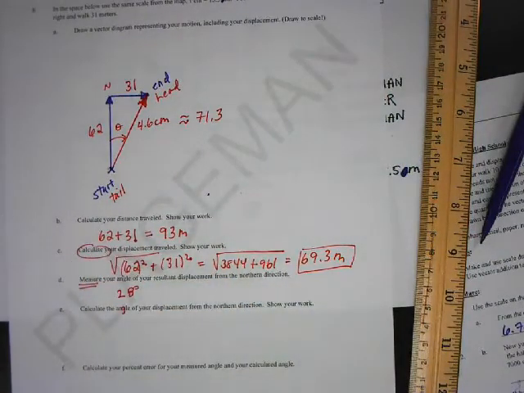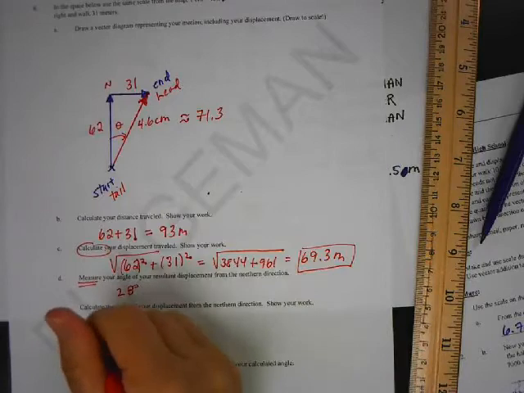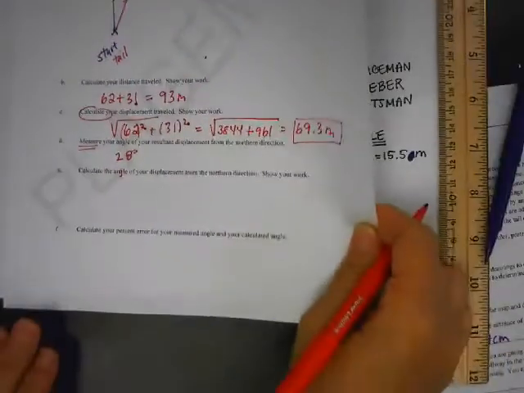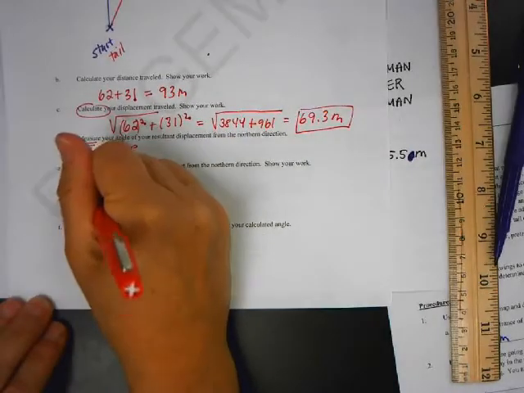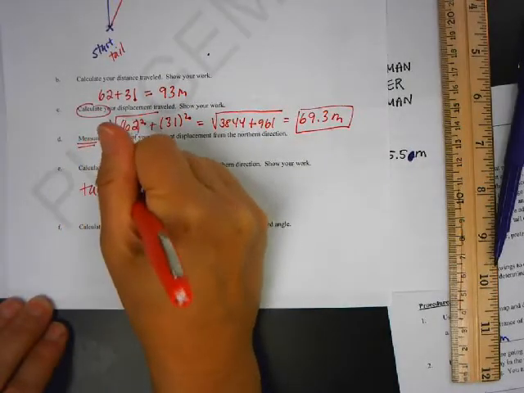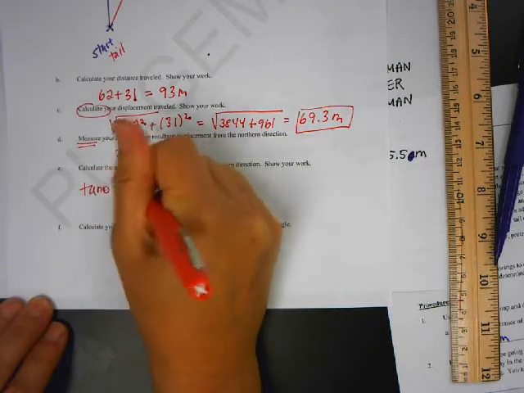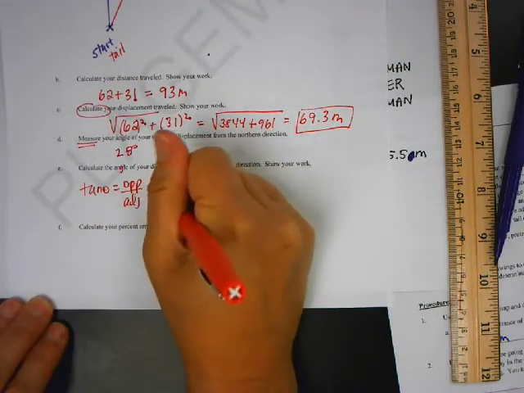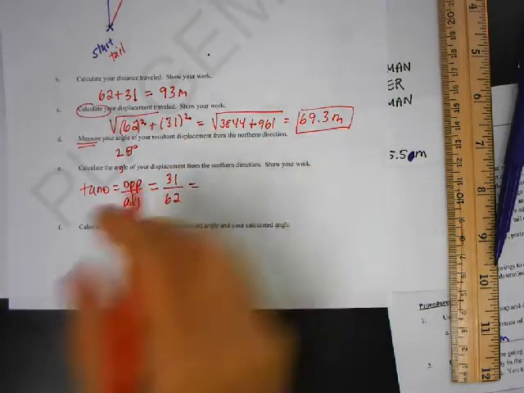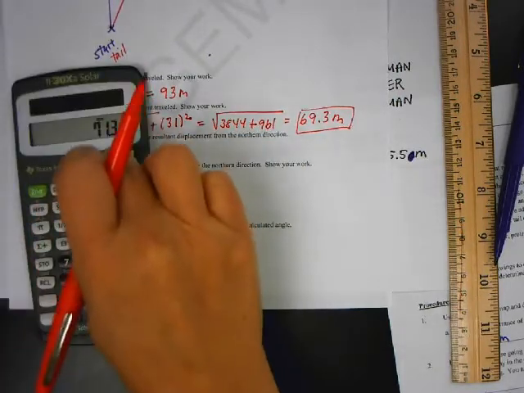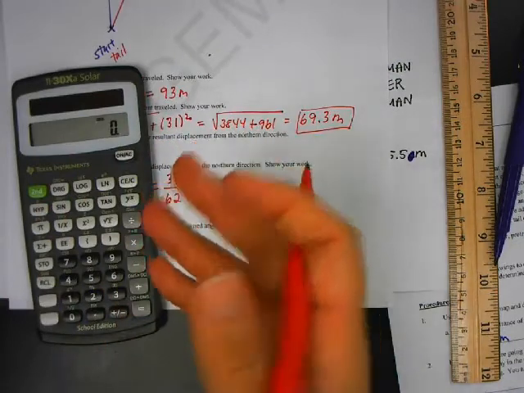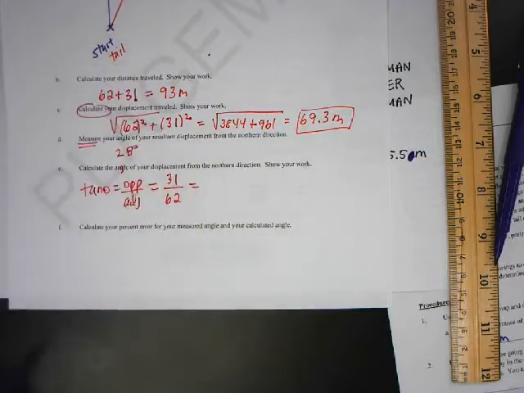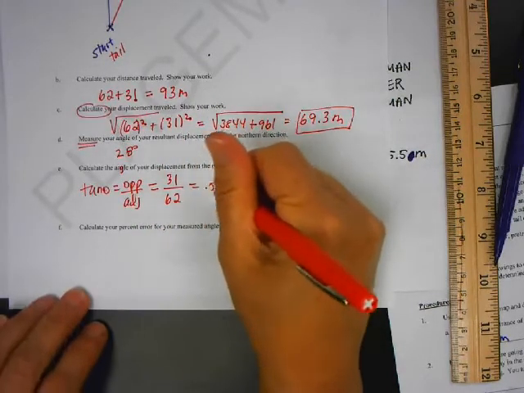Now when I calculate my angle, tan of theta is opposite over adjacent. The opposite is 31 over the adjacent is 62. I could do that in my head: 31 divided by 62 is half, so that's 0.5, but that's tan of theta.